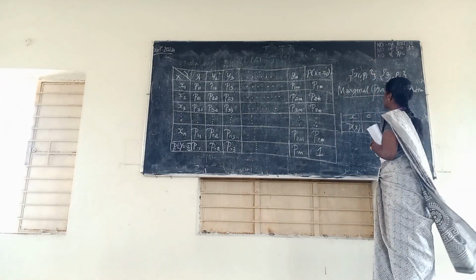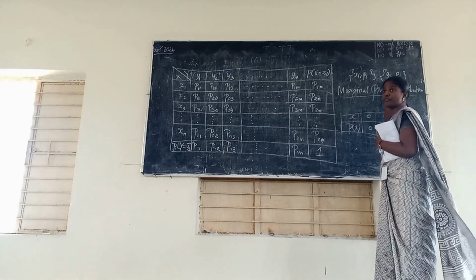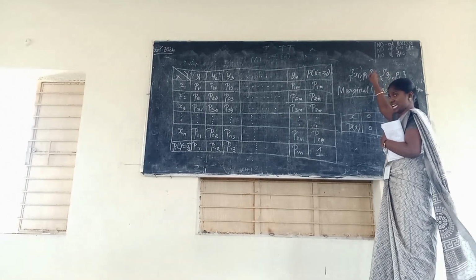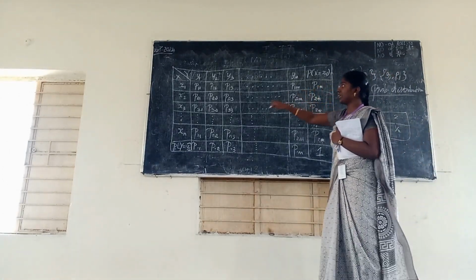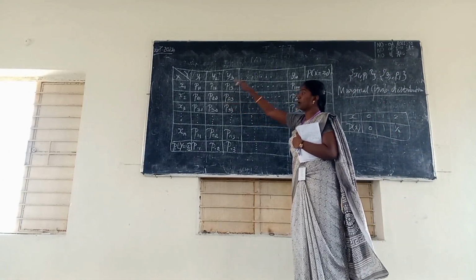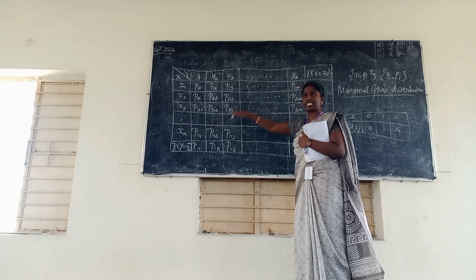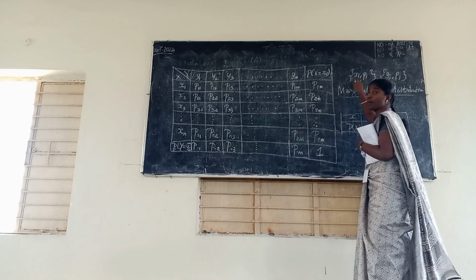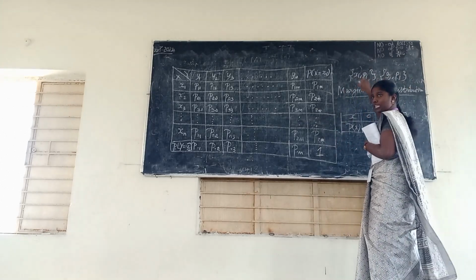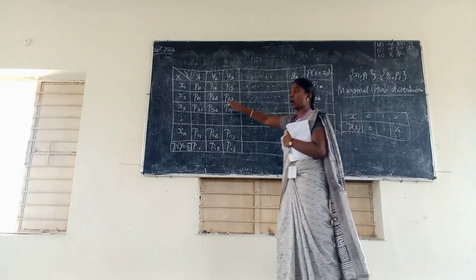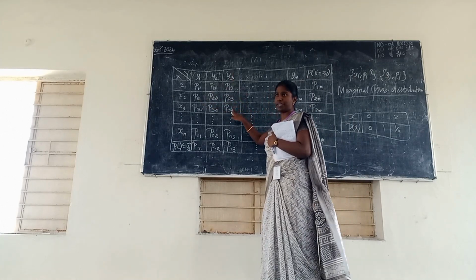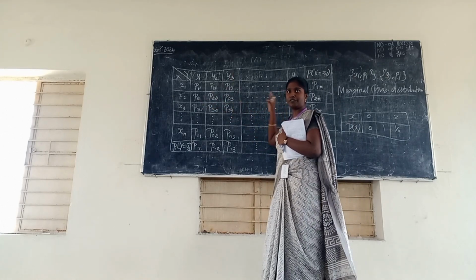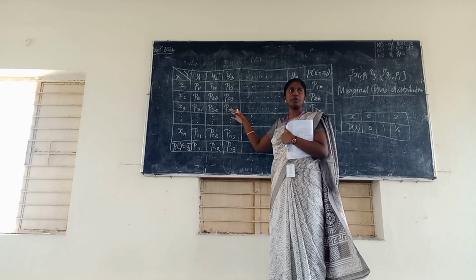So it is the marginal probability distribution of y, and this is the pij, the joint probability distribution of both x and y. Is it clear? It is the individual probability for each random variable, and it is the joint probability of both the random variables. Can everyone understand the difference between these two?